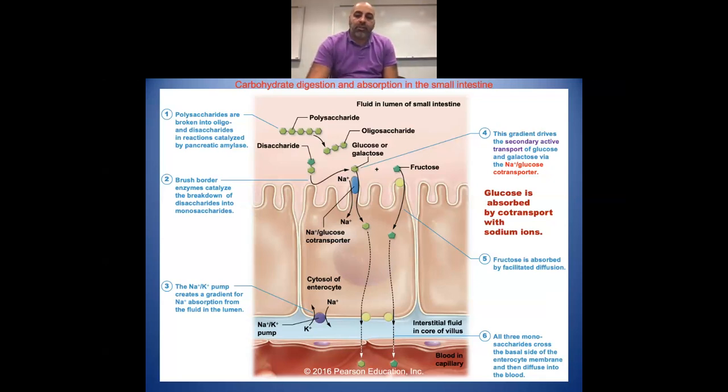So once it's pulled into the epithelial cell, it then can migrate into the bloodstream. This is why when you look at drinks like Gatorade, for example, certain Gatorades, I don't know about you guys, but like the yellow Gatorade, I can taste the salt in it. If it's warm, ugh, it's disgusting.